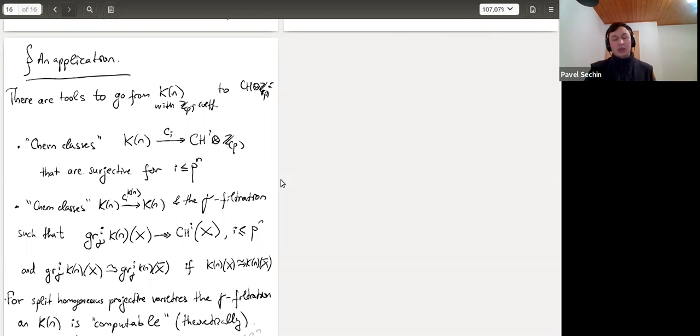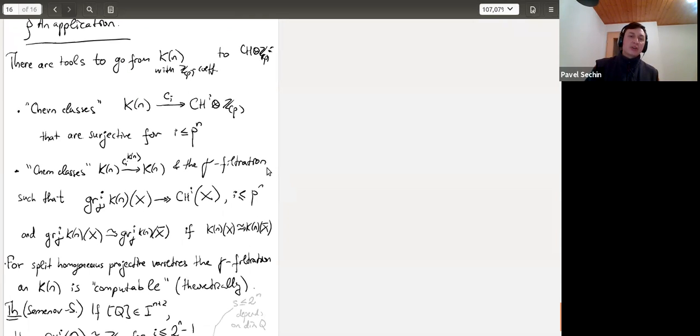Morava K-theories. Many results about such decompositions can actually be applied to the study of Chow groups of quadrics. And this is because there are tools to go from Morava K-theory, but now with p coefficients, to Chow groups with p coefficients.